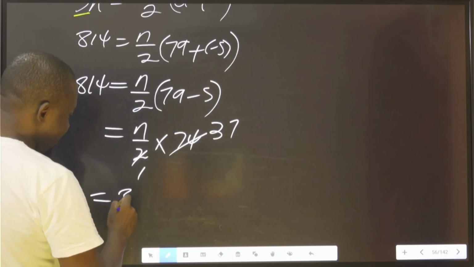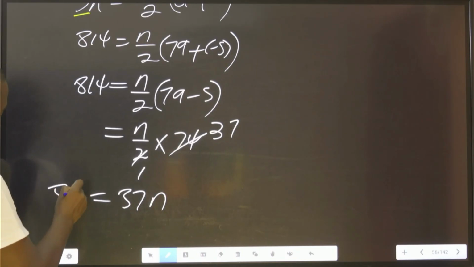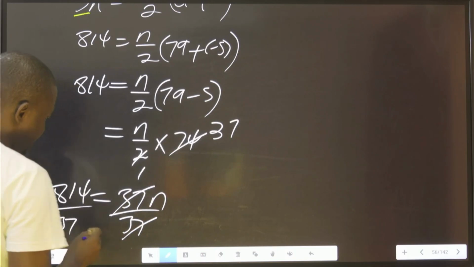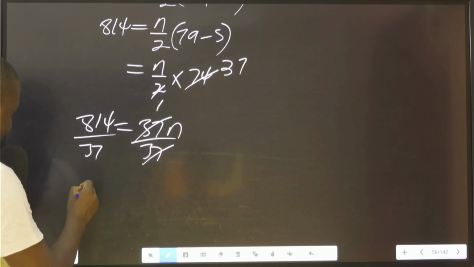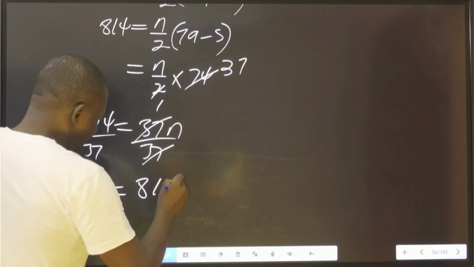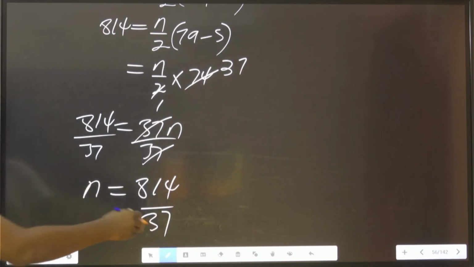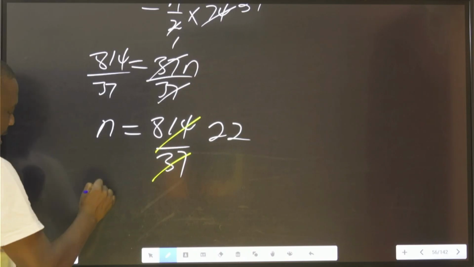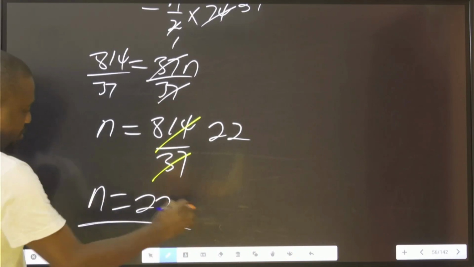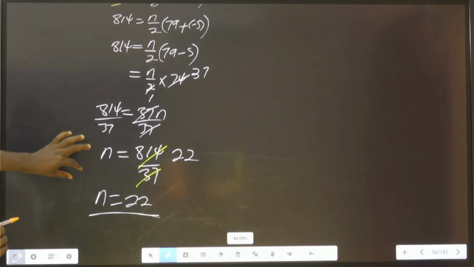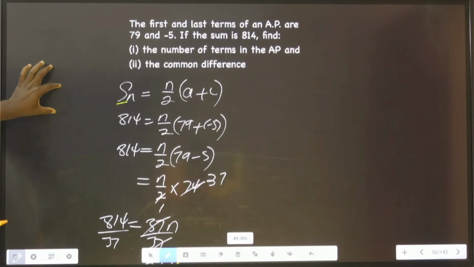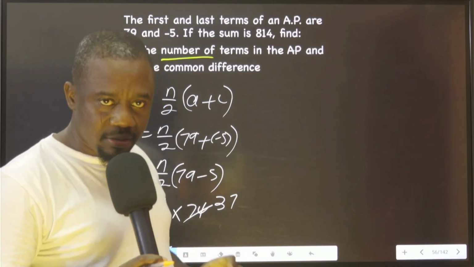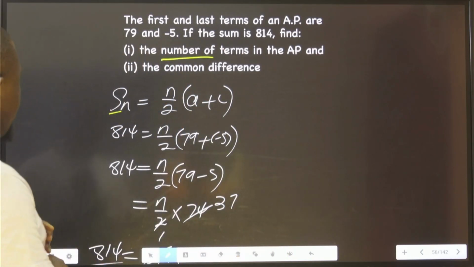That is 37n. Divide both sides by 37, and therefore it's equal to 814 over 37. If you divide this, you're going to have 22. Therefore, n is equal to 22.